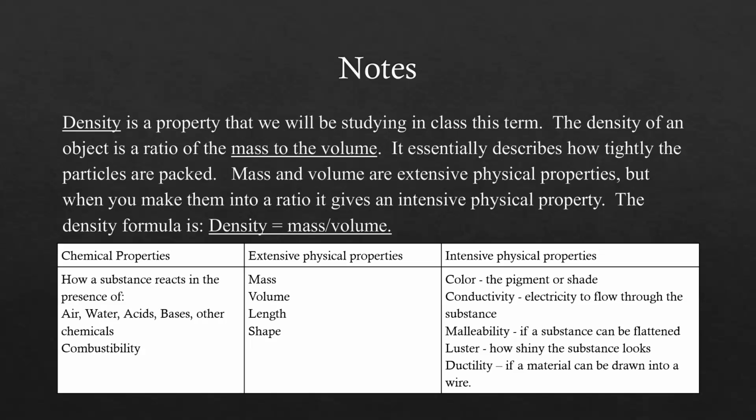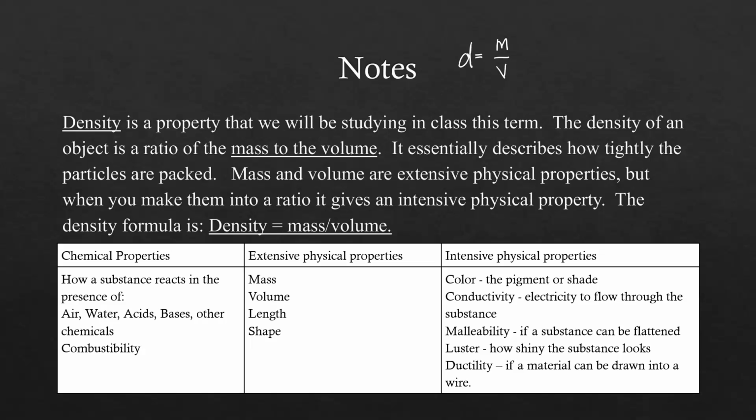Intensive means that if we have more of that substance or less, that property does not change. So for density, if we add more or take away some, the density of that substance is still going to be whatever it was. The formula for density is density equals mass over volume. So we would say D is equal to M over V.